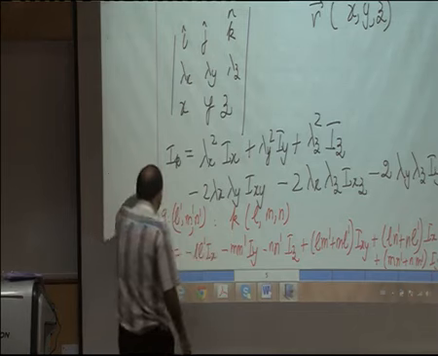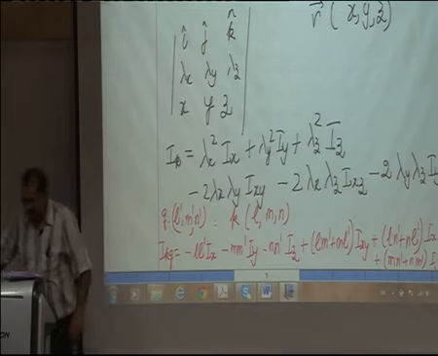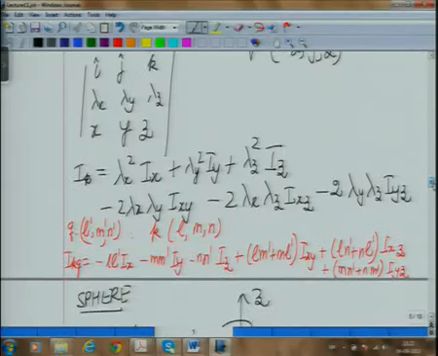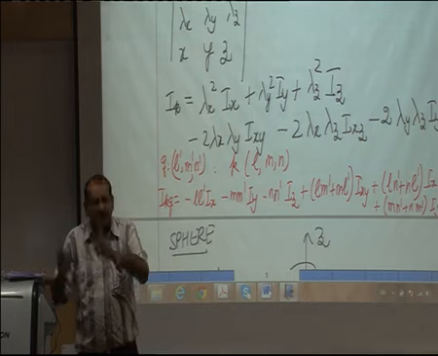Now, what about product of inertia? Let us try to see. When I try to choose any two other axes which are mutually perpendicular and try to use this formula for product of inertia, l, m, n, l prime, m prime, n prime can be anything, but because they are mutually perpendicular, the sum of the products of direction cosines is equal to 0.